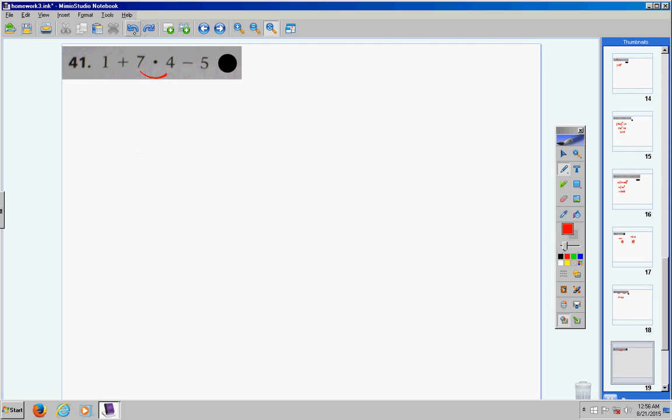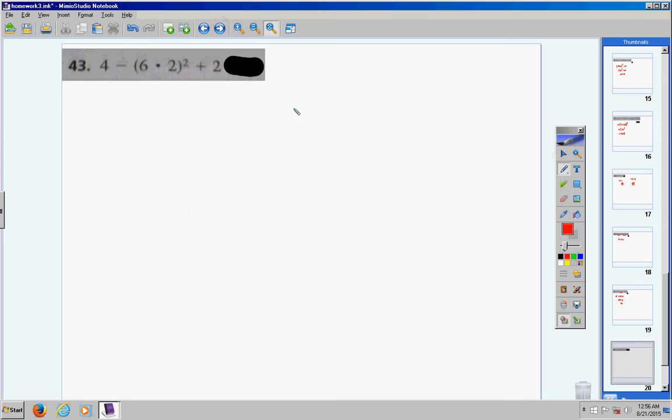So we start off with a positive 7 times a positive 4, which is a positive 28. Then bring down your negative 5. Okay, you have $1 plus 28 more, so now you have $29. Then you pay off a $5 debt, and you're left with 24. Alright, so the answer is 24.